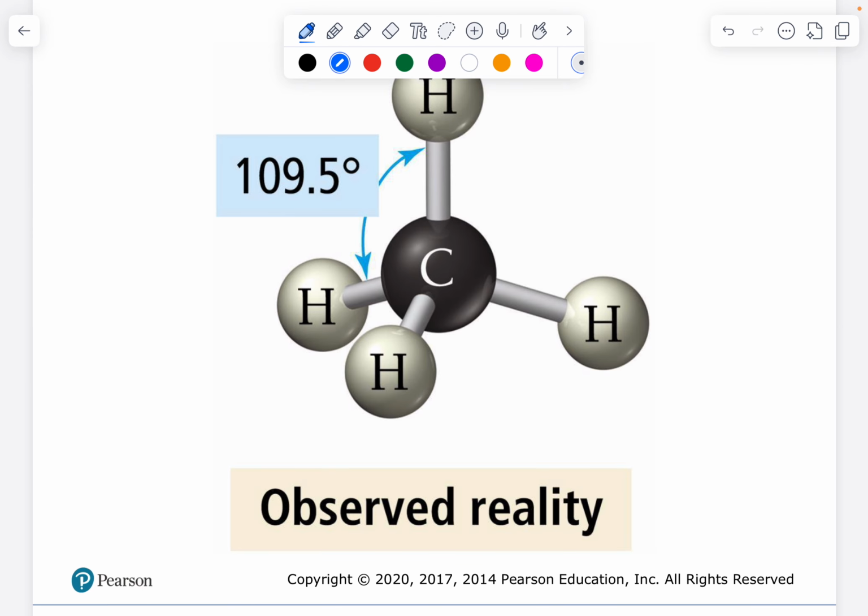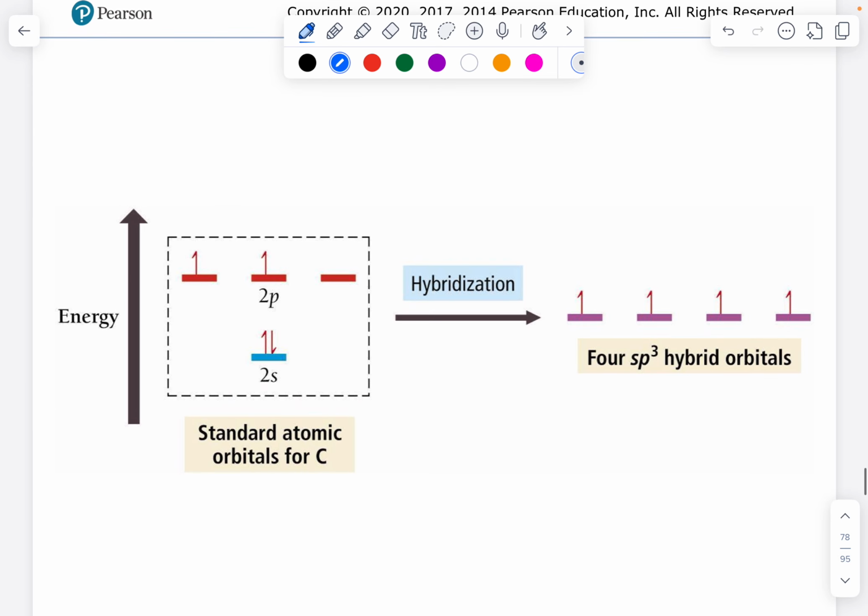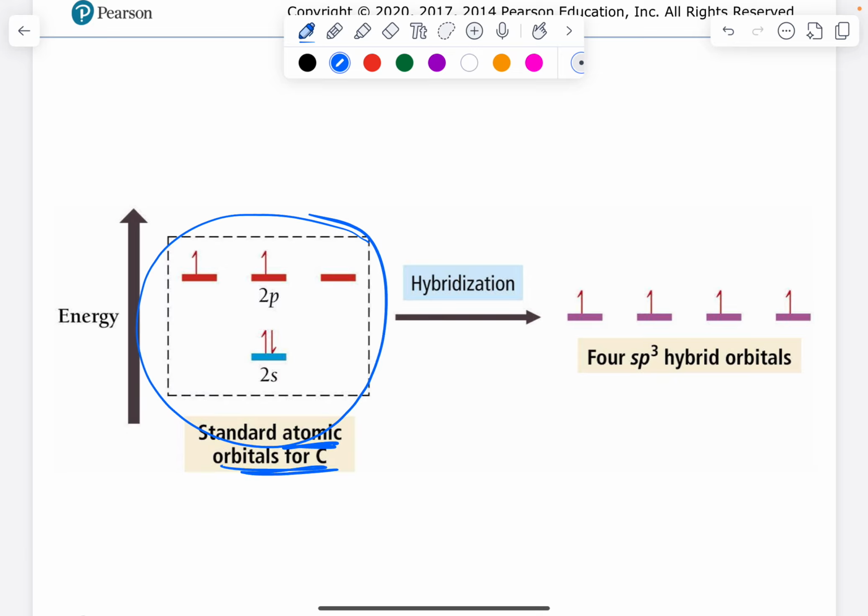Okay, so the idea of hybridization is that the s and p orbitals in carbon kind of get smushed together, and then 4 new orbitals are made. This is once it's in the molecule, so this would be atomic orbitals for carbon by itself, and then this would be carbon in the molecule CH4.